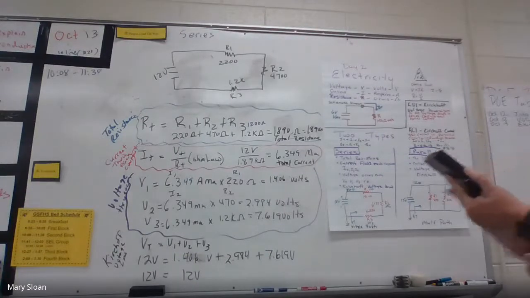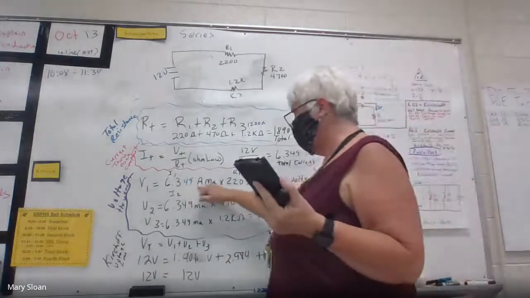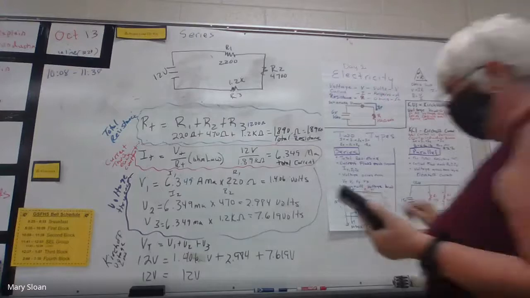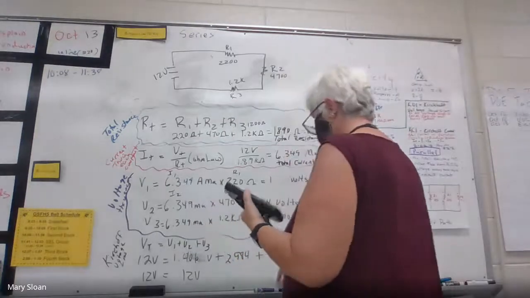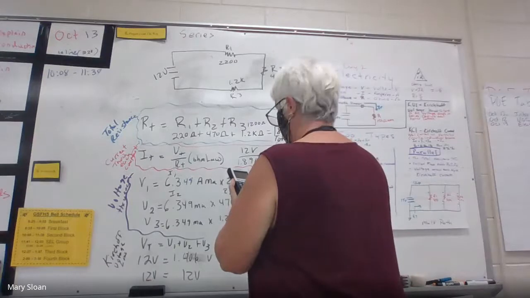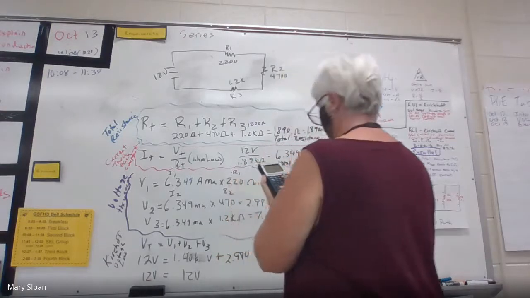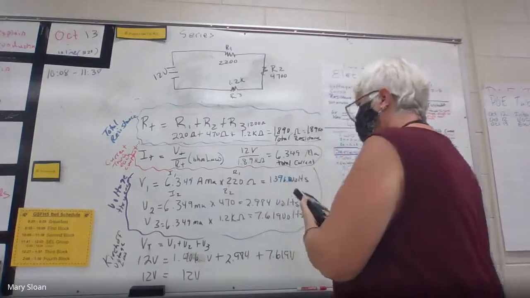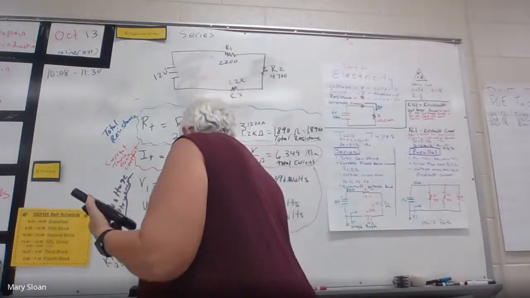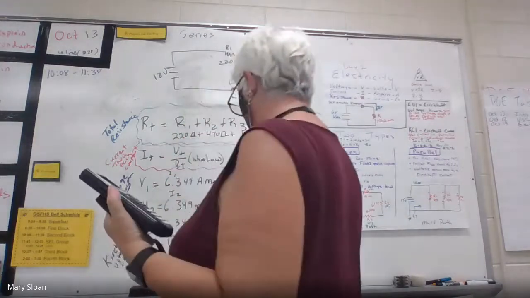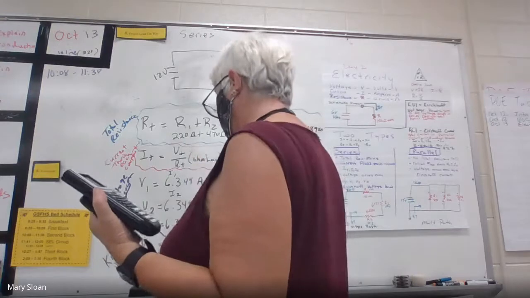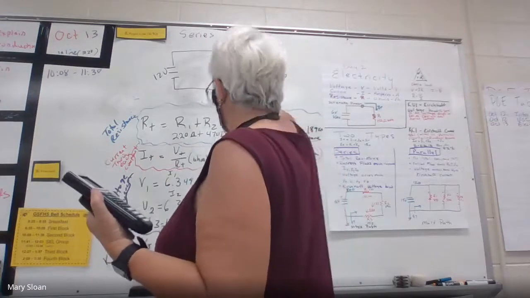Yep. So you're just taking 6.349 and multiplying it by 220 ohms. What do you get? Yes, ma'am. So you're just going to take your current total and multiply it by the first resistor.